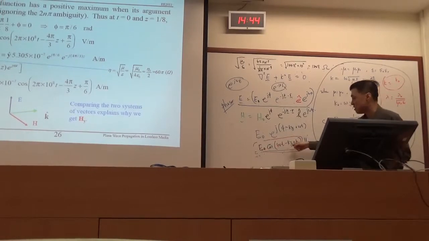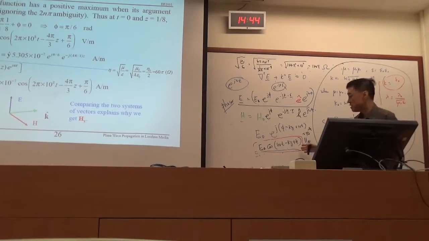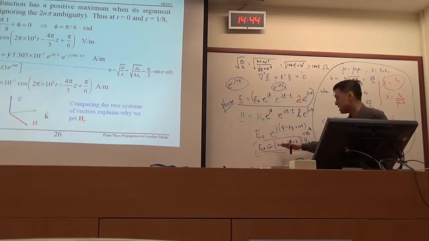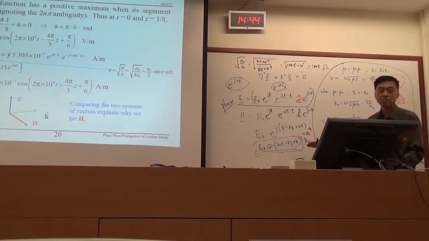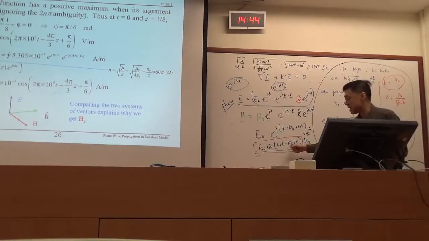E naught cosine of the argument must equal 10 to the power minus 4. This is my requirement. It must be positive and it must be maximum. What is the maximum value of cosine?